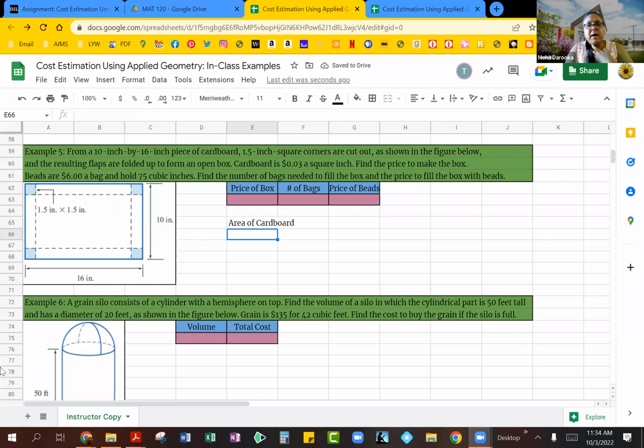Okay, Amanda, you are saying area minus the height, the side of the cutouts. So what do you think the area of the cardboard should be? And like Amanda said, do we take those corner measurements out when we are trying to find the area of the box, the price of making the box?